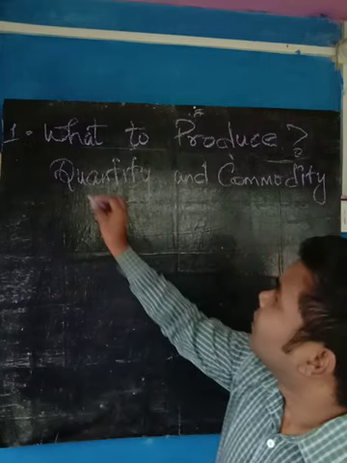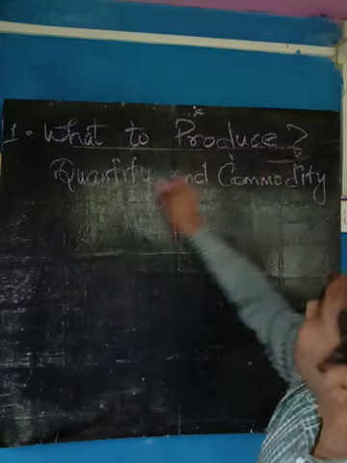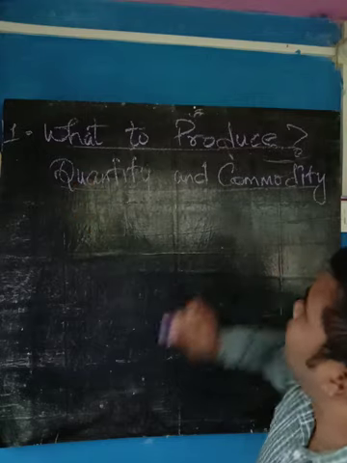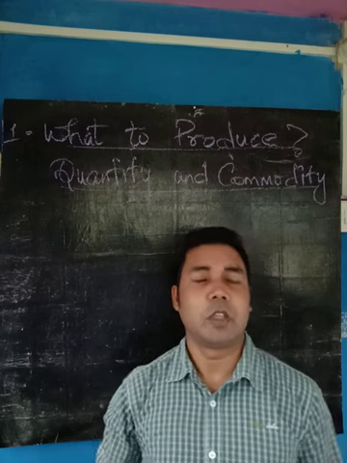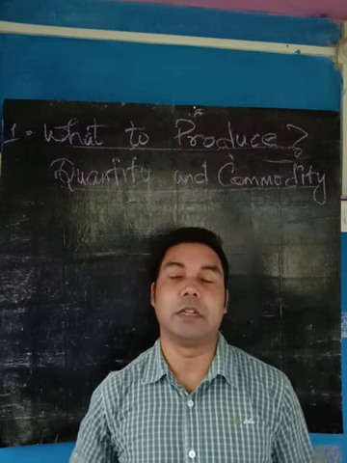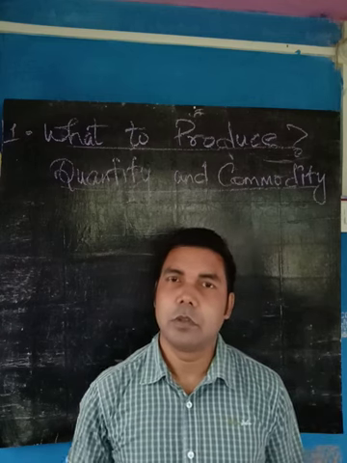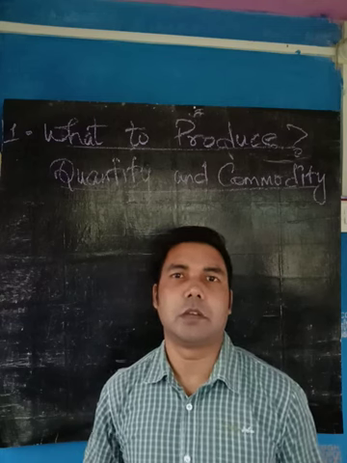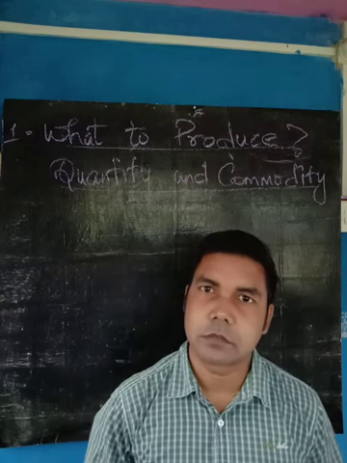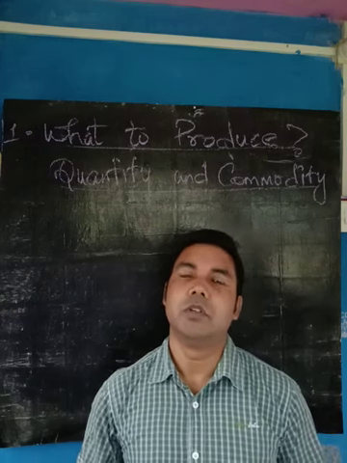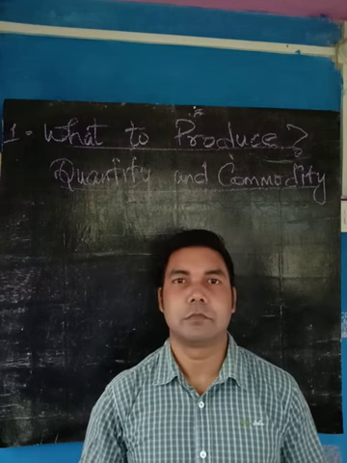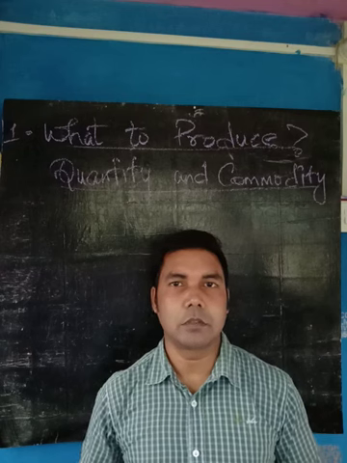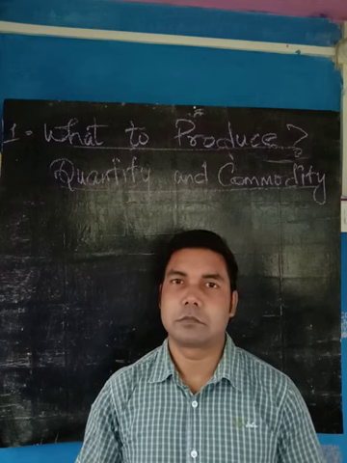So see here, what to produce lies among, first, which commodity. The commodity also depends on whether to produce the necessary items, the comfortable items, or the luxurious goods.